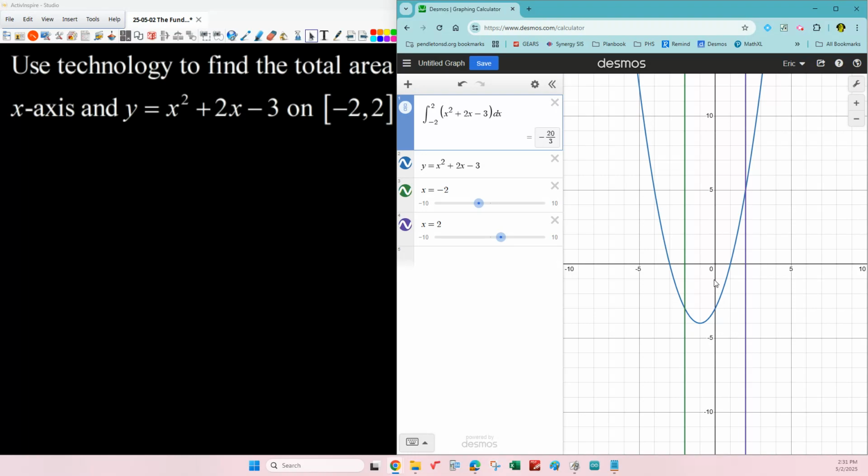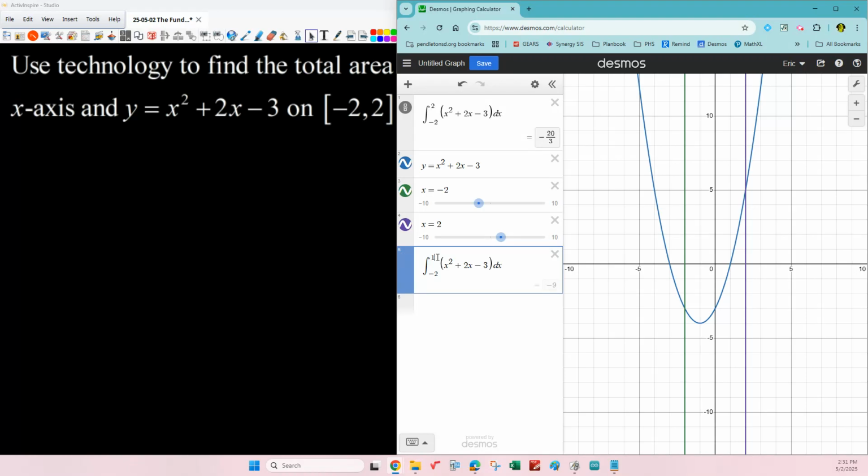So now I'm saying, what if we wanted to calculate the area from negative 2 to 1? If I take this whole thing I just did up here and calculate the area under that curve from negative 2 to 1, is it going to be positive or negative?